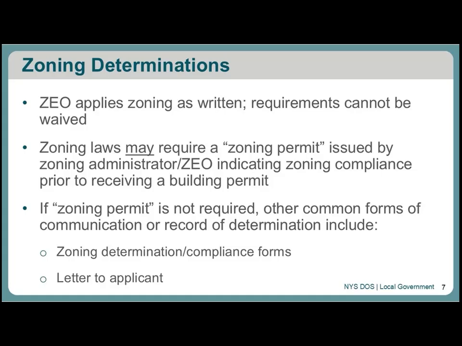And in doing that interpretation, the zoning administrator should be applying the zoning law or ordinance as written. It is not their role to interpret things, or if they disagree with something, to make a different application to what the zoning says for different scenarios. It is to apply it as written.